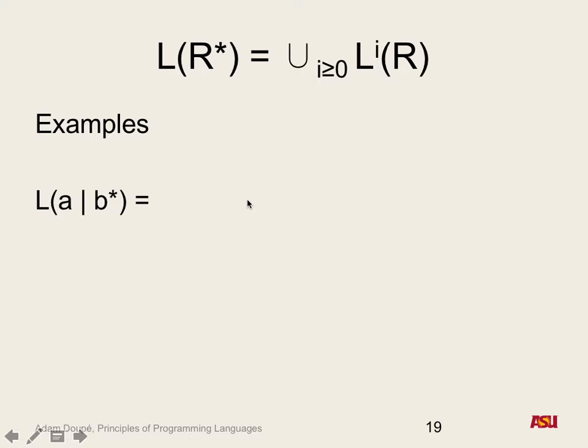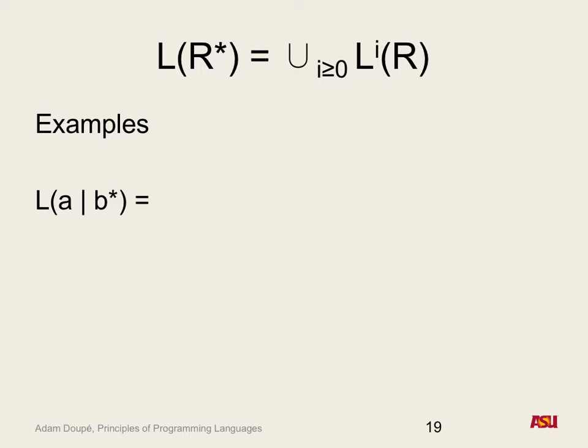Exactly, they're not concatenating. So describe this in English. This is epsilon, A, or any number of repeating B's. So this describes exactly epsilon, the string A, and strings containing any number of B's.